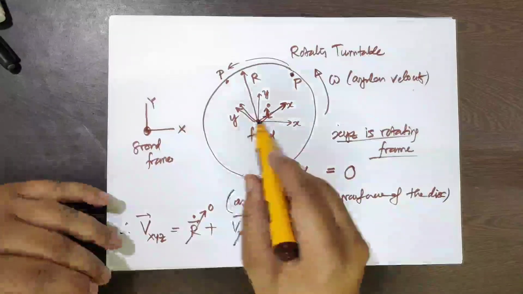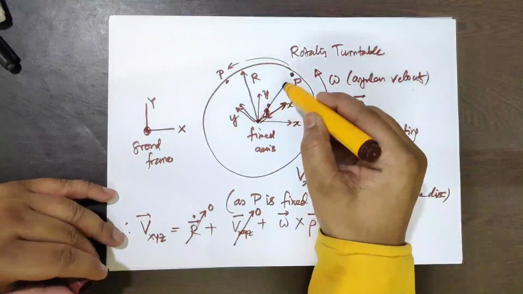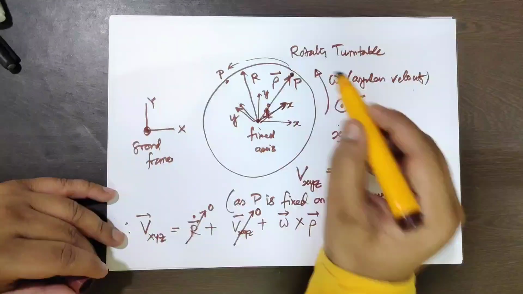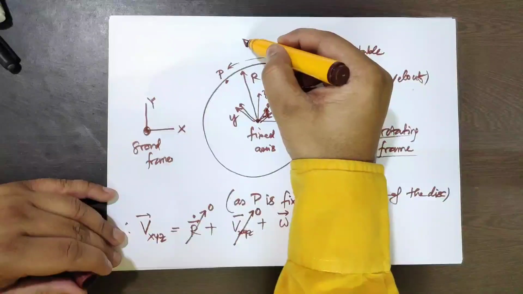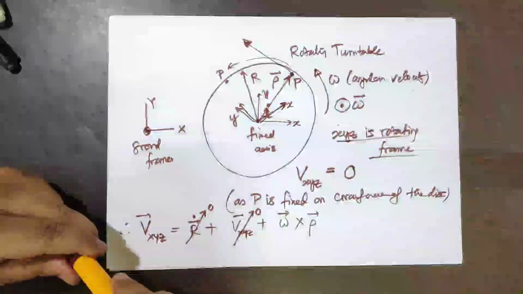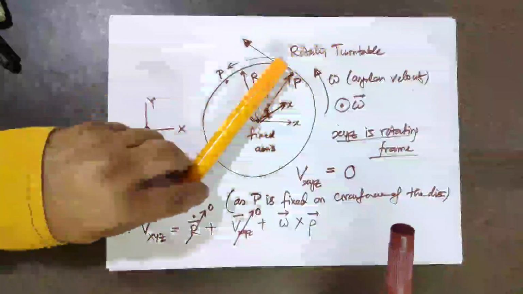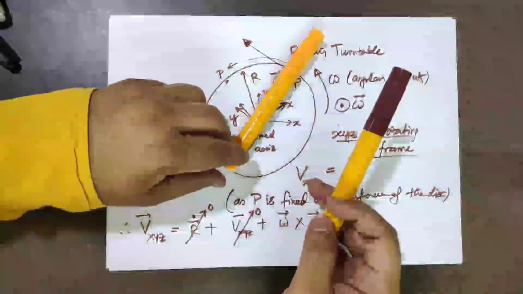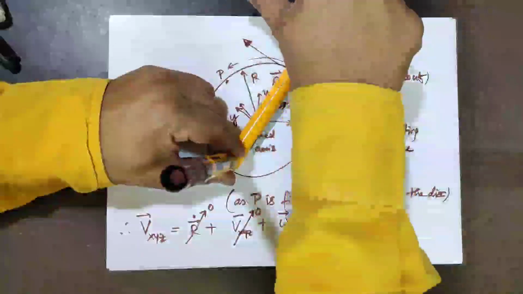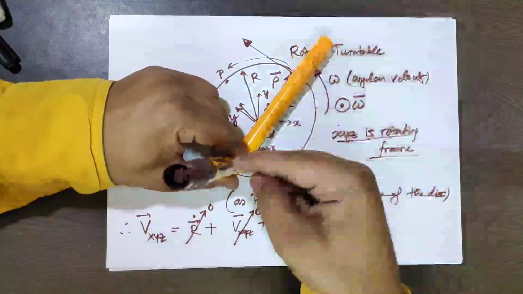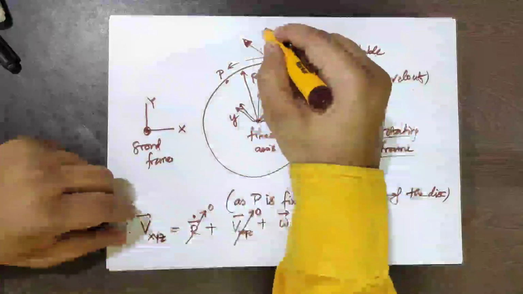So the omega vector is this way and the rho vector is this way. Omega cross rho means, as there is a 90-degree angle between the rho vector, from the center to the point P, and the omega vector, omega cross rho will be this way, and this angle is 90 degrees, so it's rho omega.